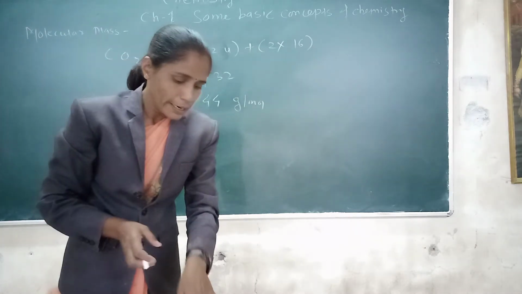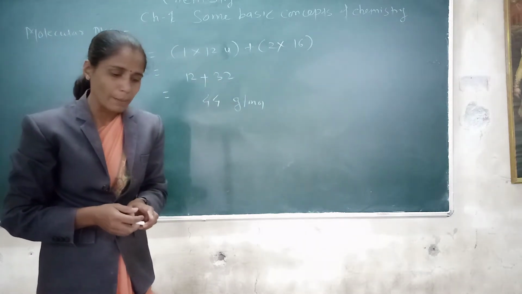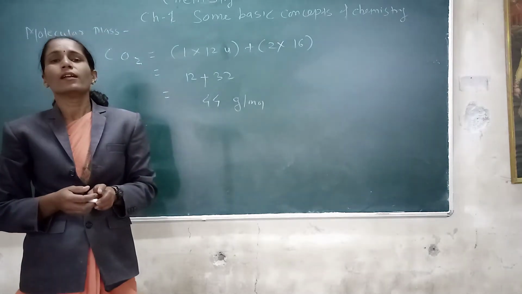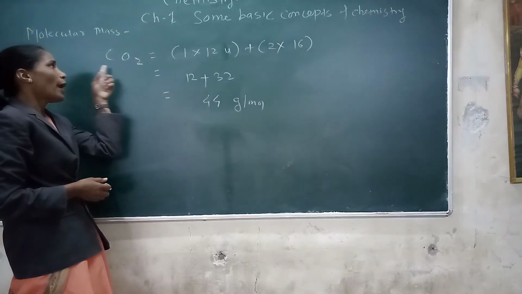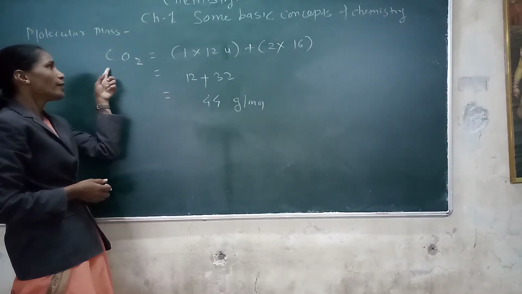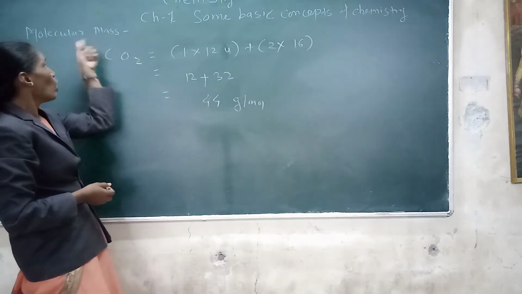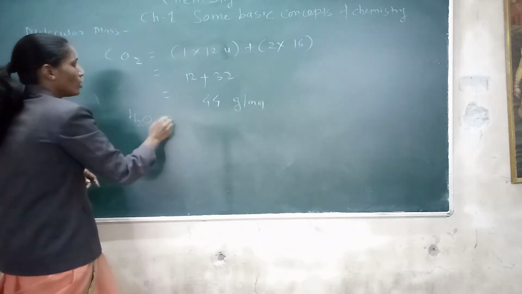It is obtained by multiplying the average atomic mass of each element by the number of its atoms and adding them together. Simply, the summation of atomic masses is the molecular mass. Again one example, H2O.